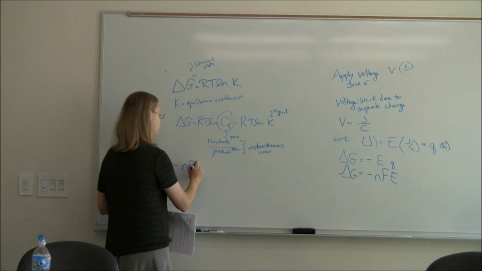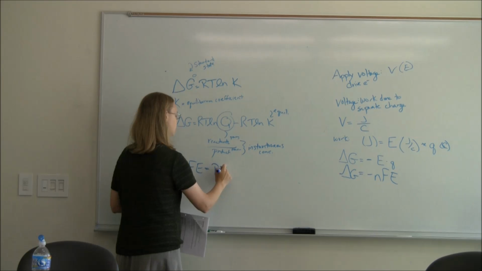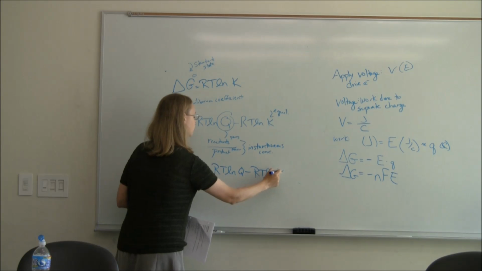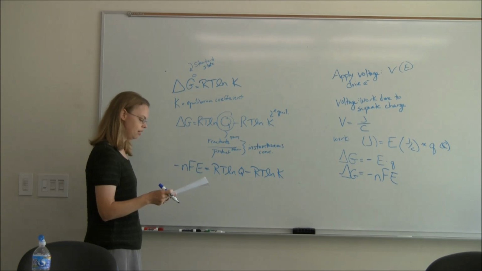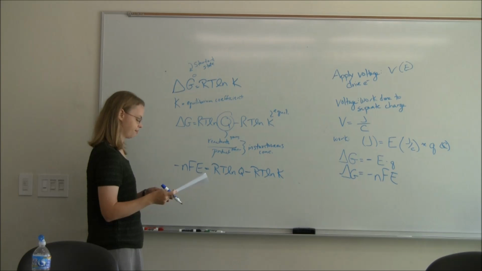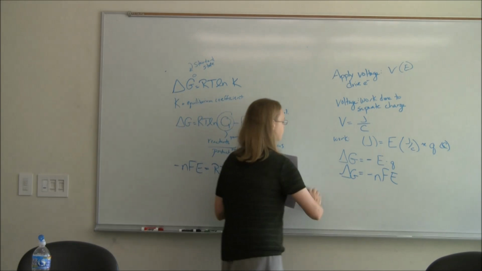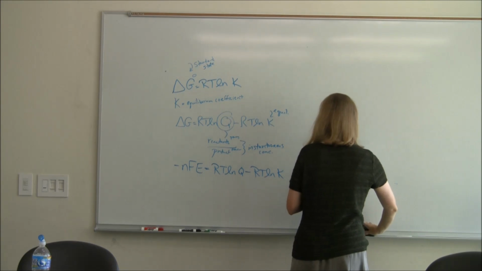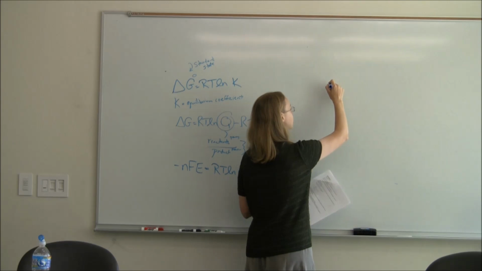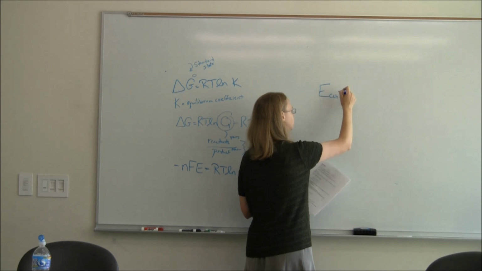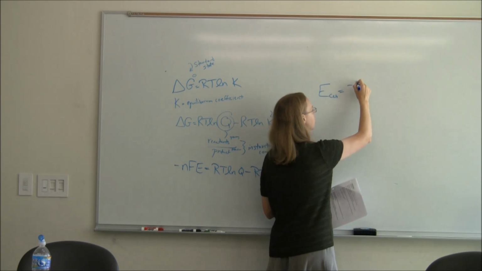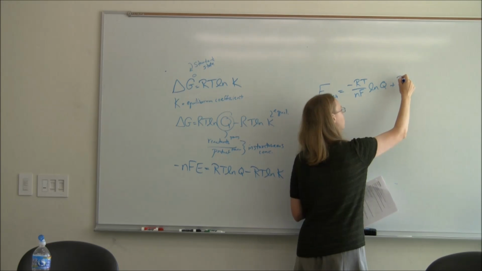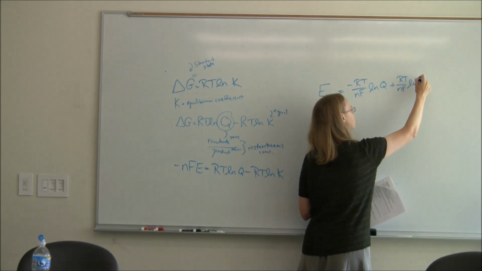So we can say minus NFE is equal to RT times the natural log of Q minus RT times the natural log of K. And if we simplify it down, we end up basically getting E cell, that's for the cell, is equal to minus RT over NF times the natural log of Q plus RT over NF times the natural log of K.